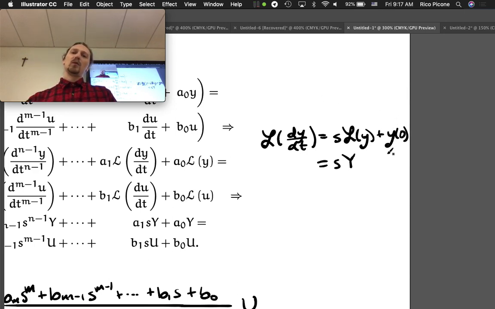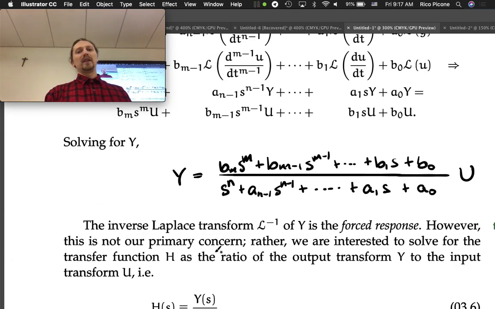And since we assumed all those were 0, I didn't write that, but I probably should have. So remember, when we take those Laplace transforms of the time derivatives, all these initial condition terms show up. We ignored them. So when we end up solving for y at the end, if we were to take the inverse Laplace transform, it would just be the forced response because we already assumed the initial conditions were 0.